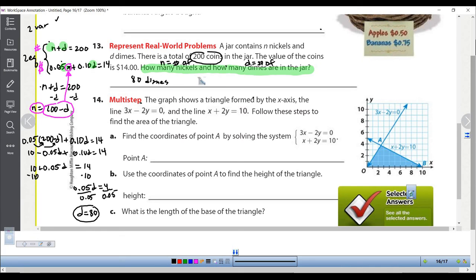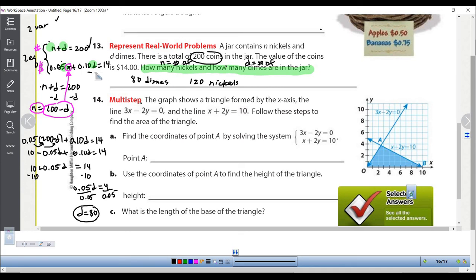Well, I hope you can do 200 minus 80 without a calculator. I don't know that I can because I'll probably mess up again. But I'm pretty darn sure that 200 minus 80 is 120. So I am thinking that there are 80 dimes and 120 nickels. We already have made them add up to 200 because if you add those together, you get 200.